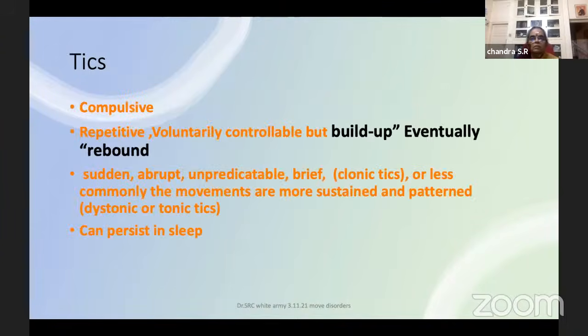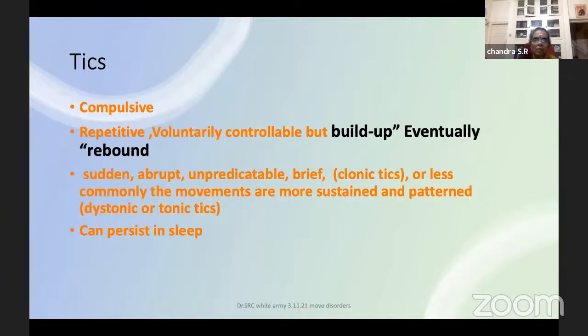Then you have tics, which are hyperkinetic movements. So what are tics? They are convulsive, repetitive, voluntary, controllable, but they build up eventually and rebound. Supposing you are going for an interview: unlike chorea, which you cannot control, tics can be controlled. But once you come out of the interview, you release them.